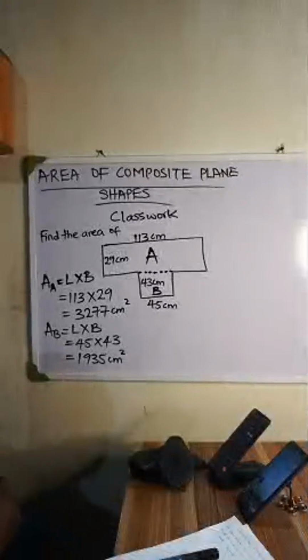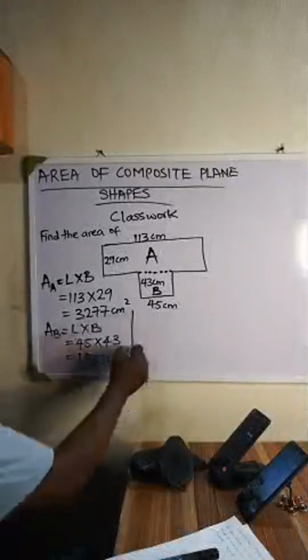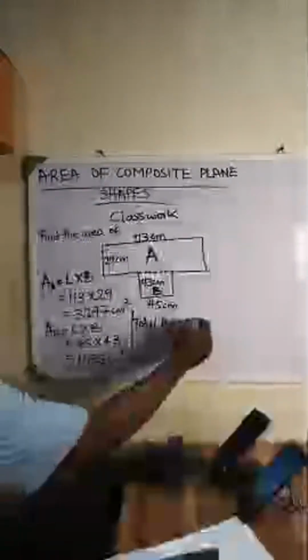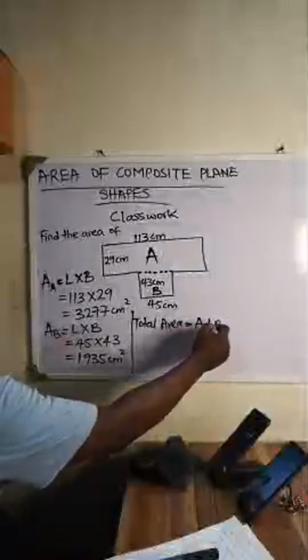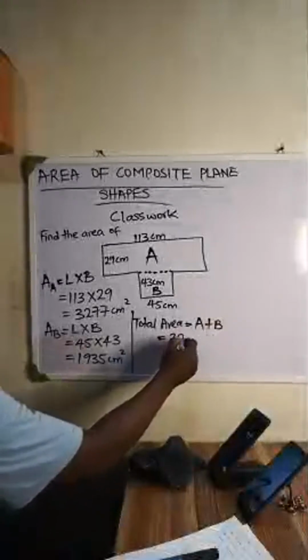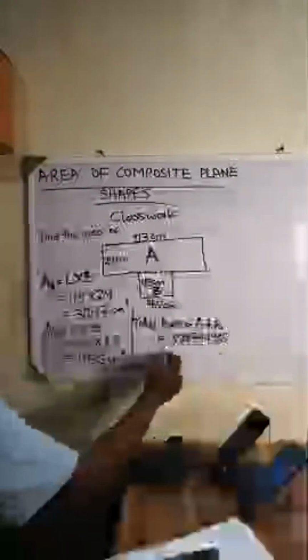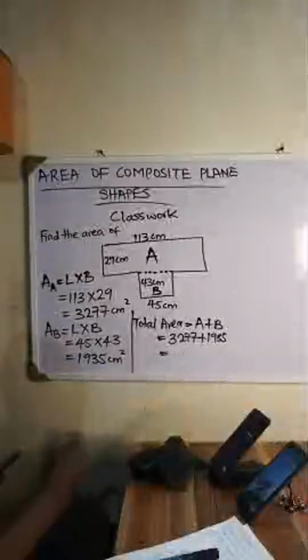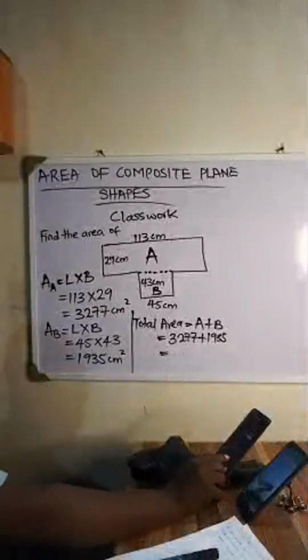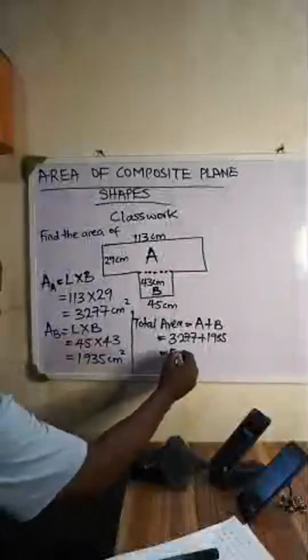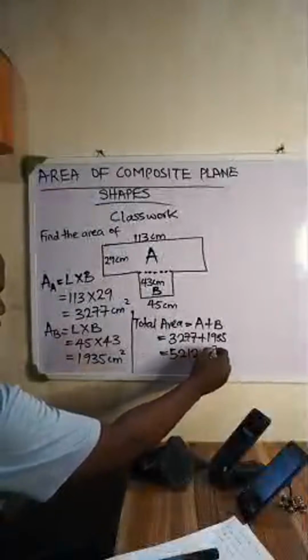So getting the total area is equal to A plus B. This will give us 3277 plus 1935, that gives us 5212 centimeter square.